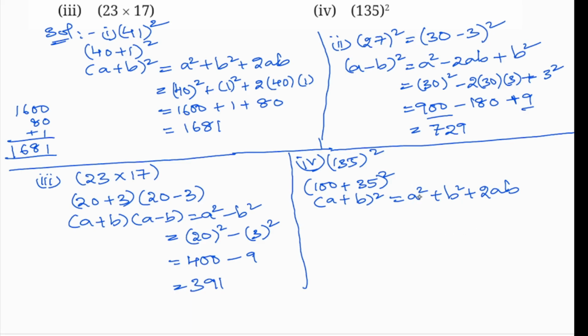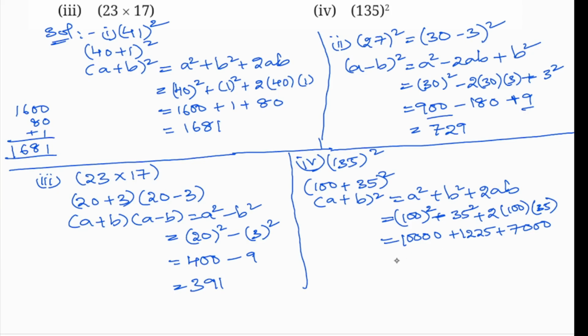So a square of 100, 100 square plus 35 square plus 2 into 100 into 35. So 100 square will be 10,000, plus 35 square, this one we already know is 1225, plus 2 into 35 is 70, and into 100 means 7,000.